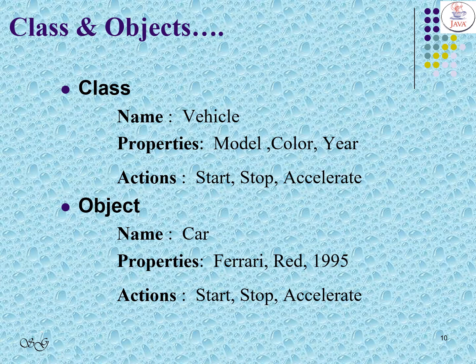The functionality of this object could be as defined in the class: start, stop, and accelerate. Hence, the car could be the object of a class defined as a vehicle with certain properties, and the defined class can be used to create an object.